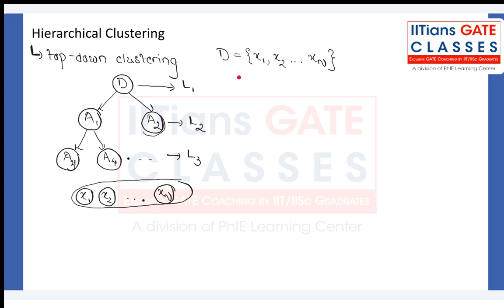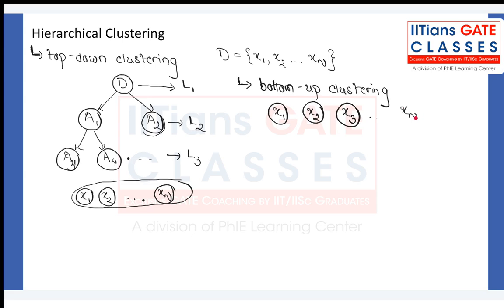Another approach is bottom-up clustering, which is in your syllabus. In bottom-up clustering, you start from the individual data points, each as one cluster: x1 is one cluster, x2 is one cluster, x3 is one cluster, and so on, up to xn. Then you gradually merge two similar clusters.